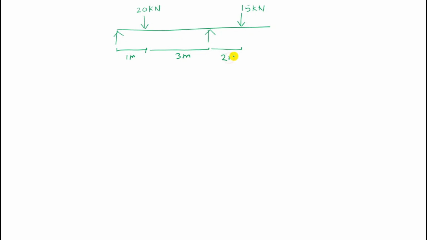This is 2 meter distance and it is 1.5 meter. So the section is at this point. So this distance is 2 meter from the point A.